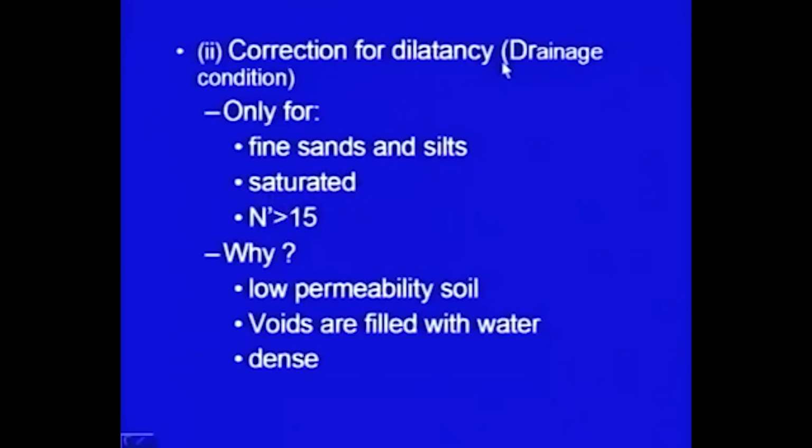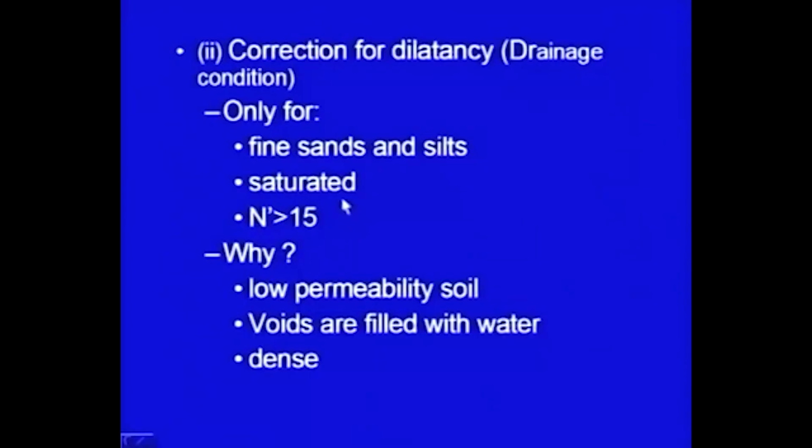We are talking about the drainage conditions, so water has to be there. So, we apply this correction when it is saturated. Thirdly, the N dash value should be more than 15. Please note down here, we have already corrected the observed N and we got N dash because of the overburden.